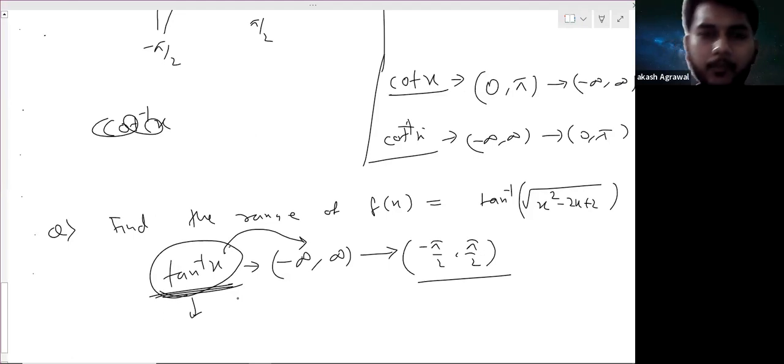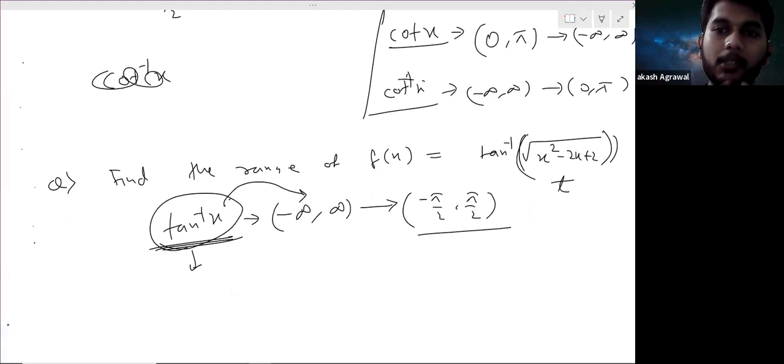But here x is not there. This is some function; suppose I call this t. So I have to look at what values t provides. If I figure that out, I will get the answer.